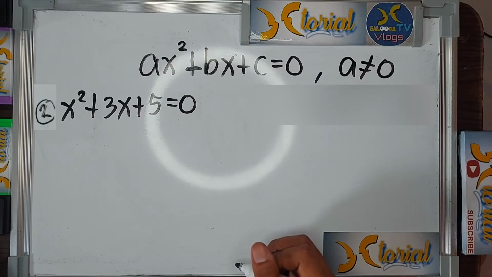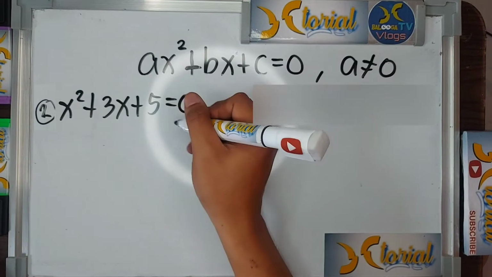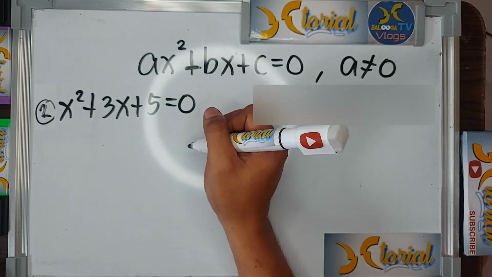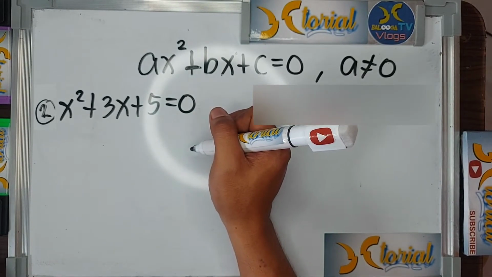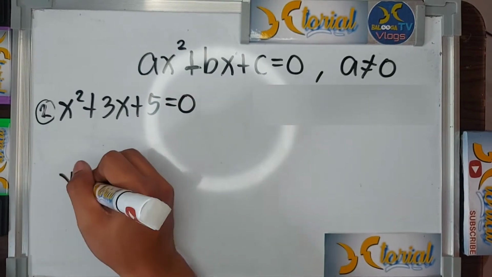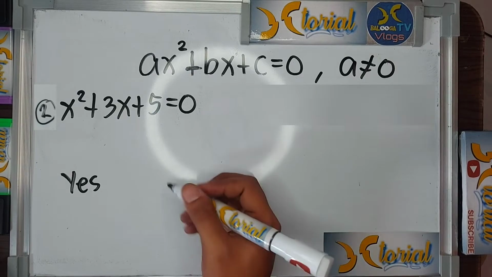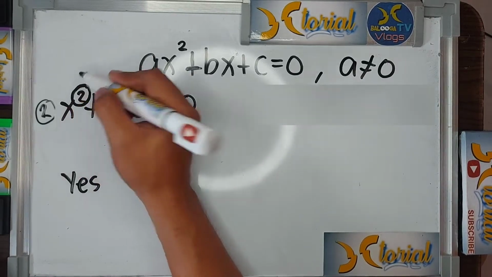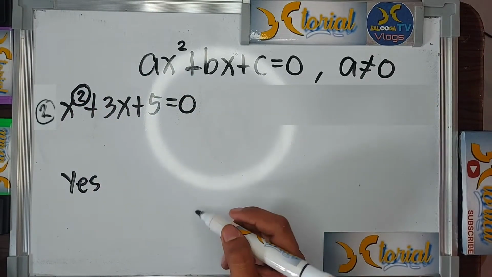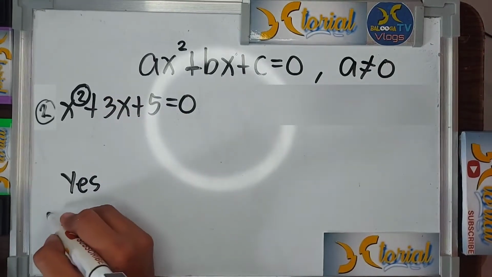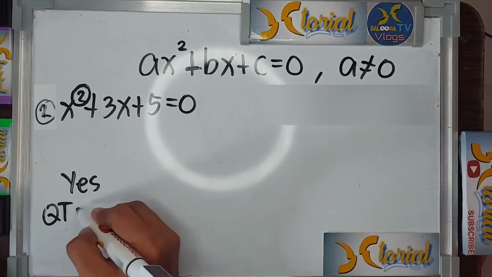So we have x squared plus 3x plus 5 equals 0. So quadratic equation ba siya or hindi? Yes, it is a quadratic equation. Bakit po? Kasi nga, ang pinakamataas na exponent natin ay 2. So we have x squared. So kung tatanungin ko kayo ulit, ano yung quadratic term natin dito?